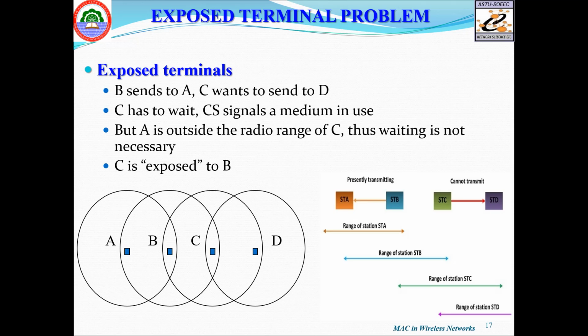This approach will work perfectly when the data size is the same, frame size is the same, and they are synchronized. The transmitting stations, STB and STC, send the RTS frame to the receiving stations, that is STA and STD.